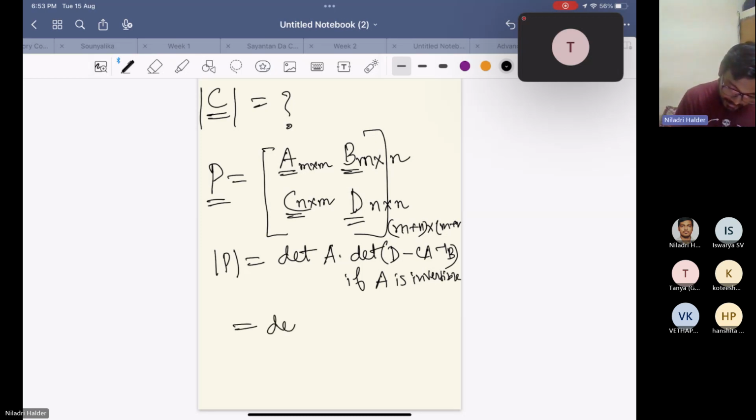And this can also be written as det of D into det of A minus B D inverse C, if D is invertible.